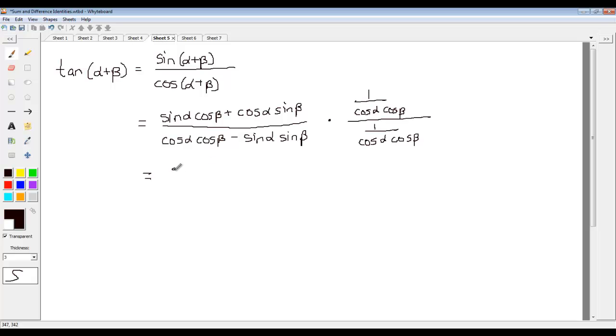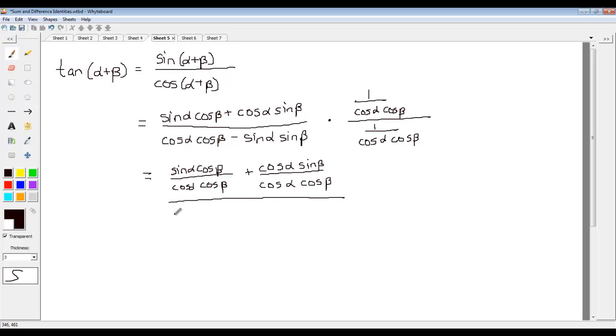Let's see, up top we have the sine alpha cosine beta over cosine alpha cosine beta, plus we're going to have the cosine alpha sine beta over cosine alpha cosine beta. That's just the numerator.